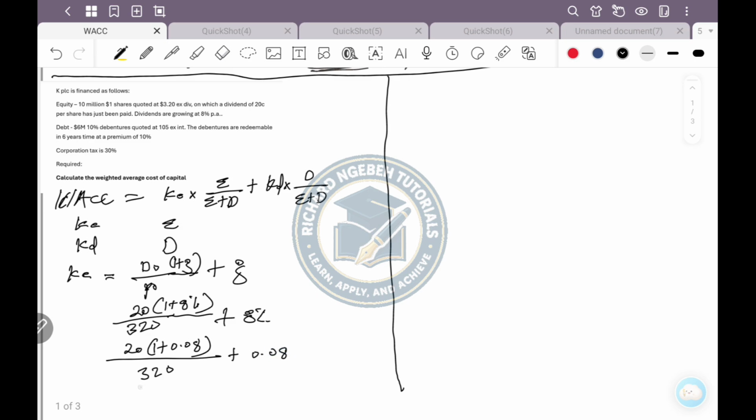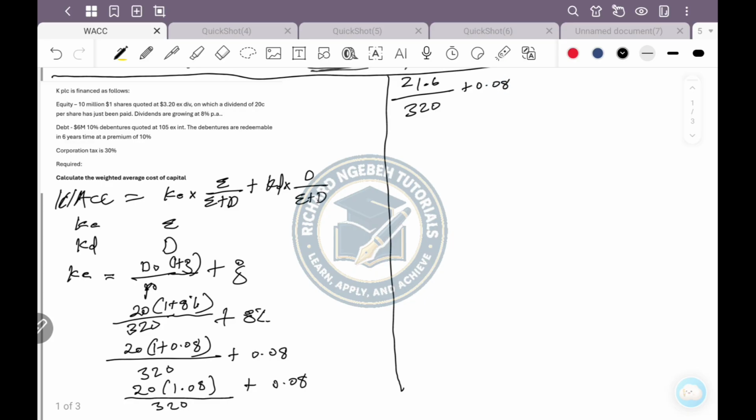Solving this one, you'll get 20 in bracket 1.08 all upon 320 plus 0.08. After solving that one, this will give you 21.6 all upon 320 plus 0.08.